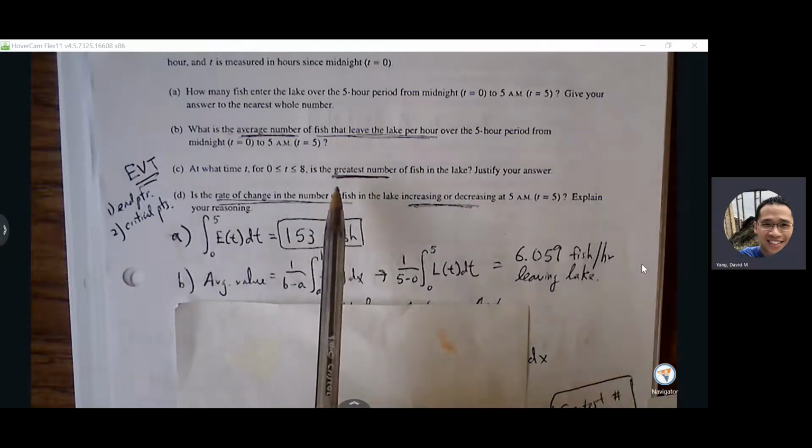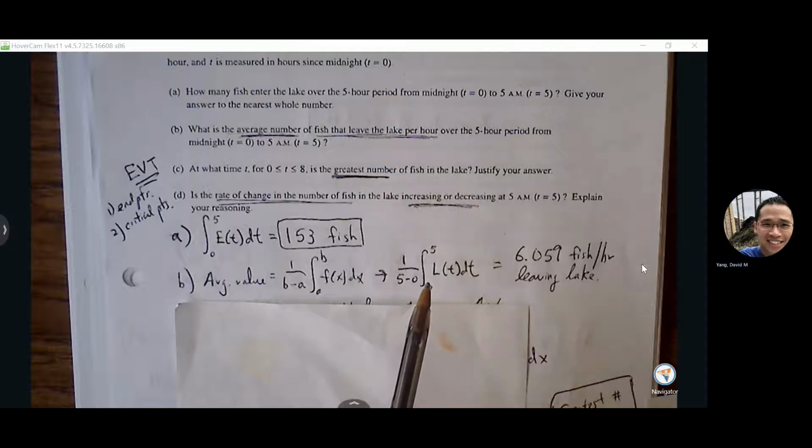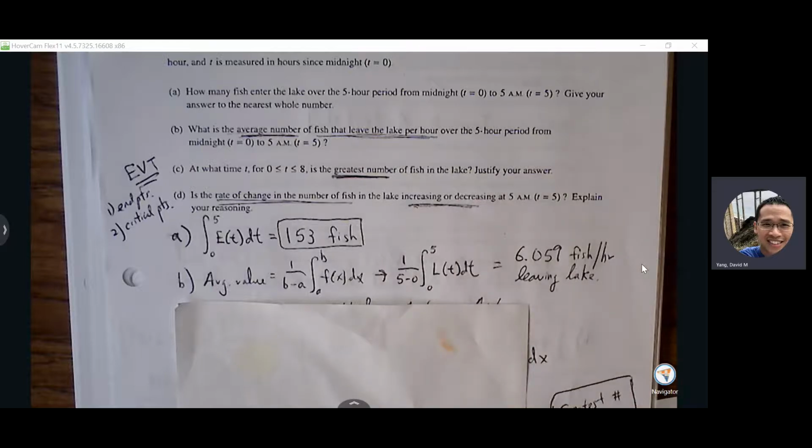So before we can test endpoints and critical points, we first have to have a formula to figure out how we find the number of fish at any given time. This is the formula that we've been using since we first started AP exam review.